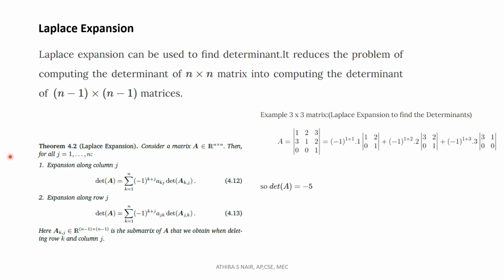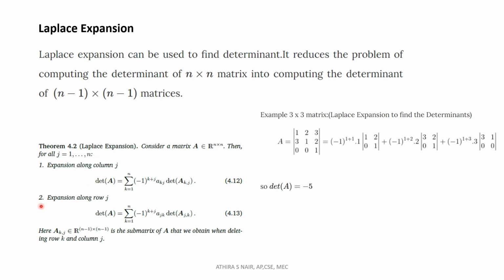So according to this theorem, consider a matrix A, an element of R^(n×n). Then for all j equal to 1 to n, expansion along column j: the determinant of A is equal to the summation over k equal to 1 to n of (-1)^(k+j) a_kj det(A_kj).